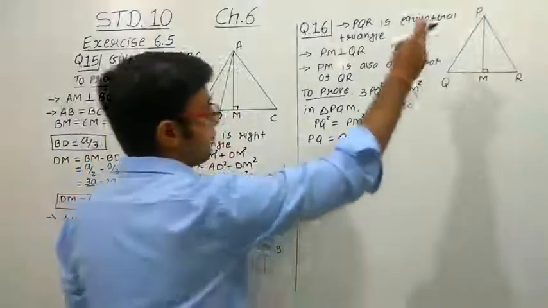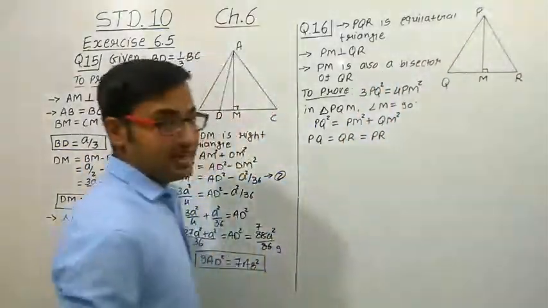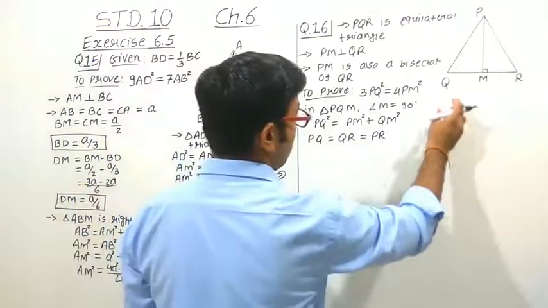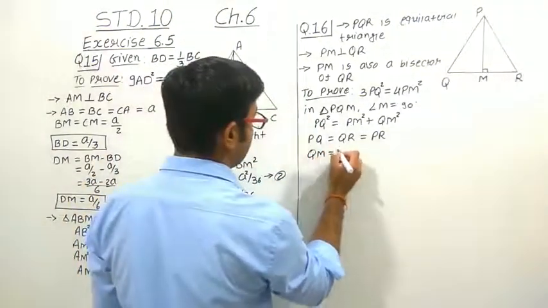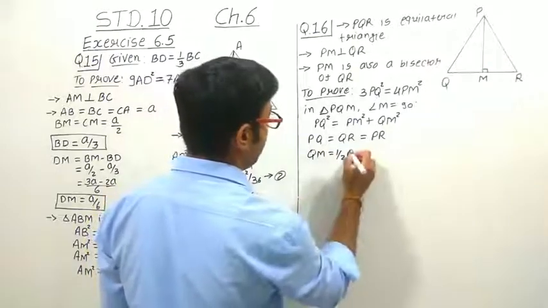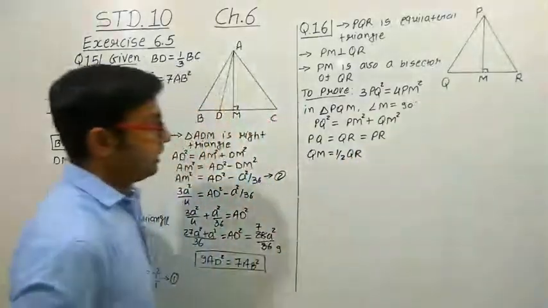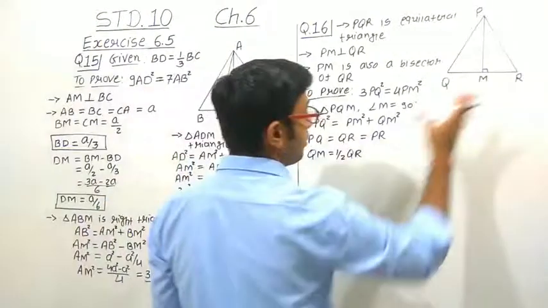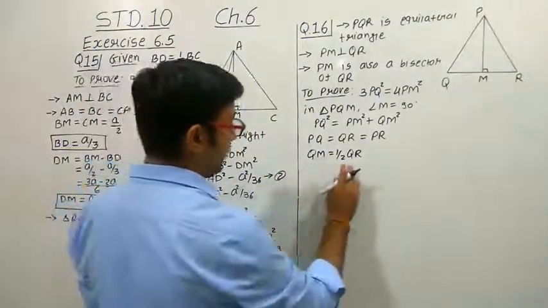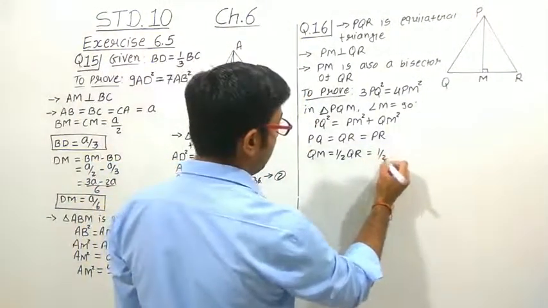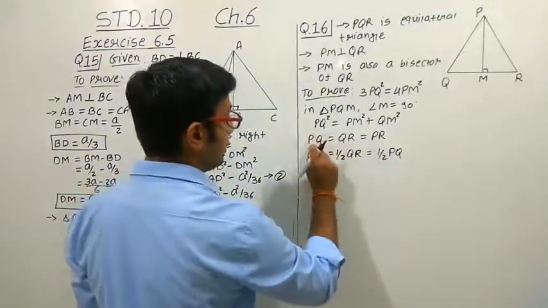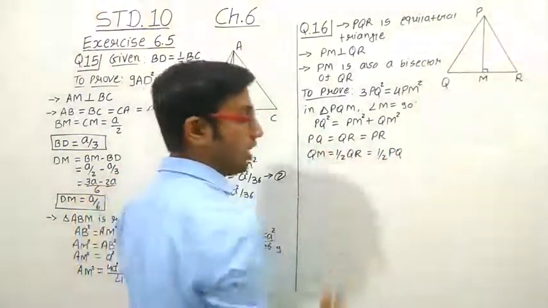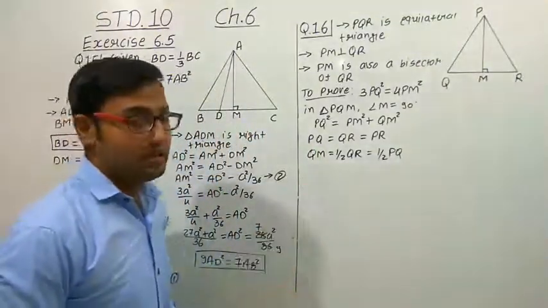Now we know that this PM is also the bisector of the side. So we can write that QM is equal to 1 half of QR. Right? QM is 1 half of QR. Now instead of QR, we can also write 1 half of PQ, because QR and PQ are equal, since this is an equilateral triangle.